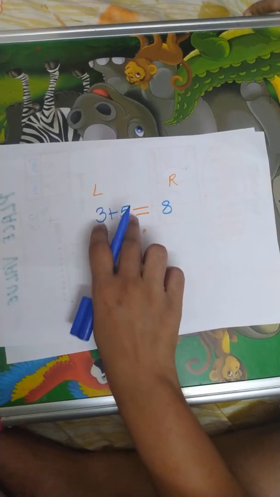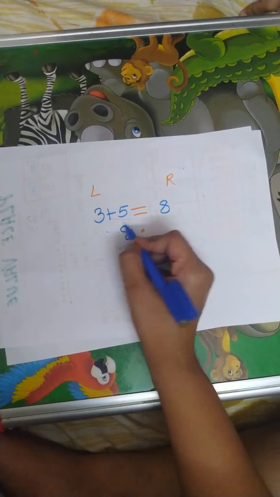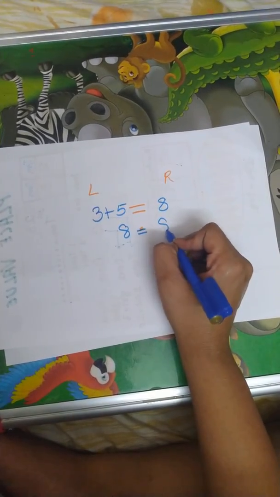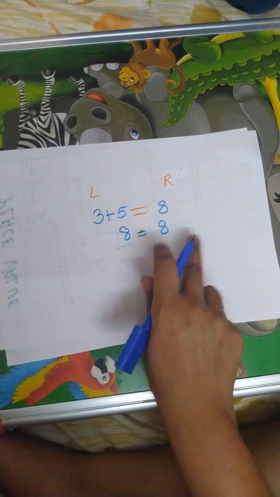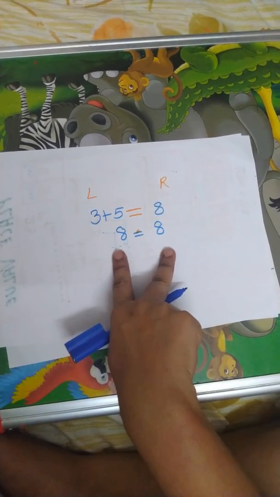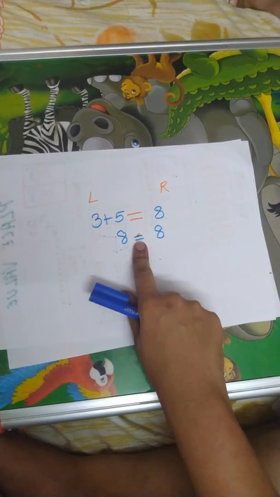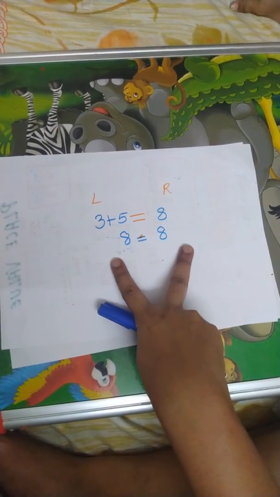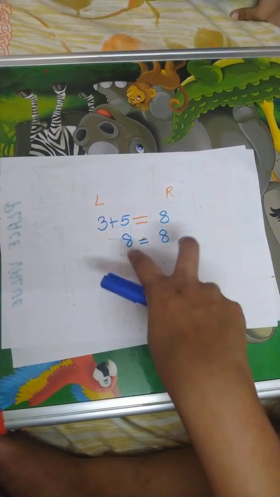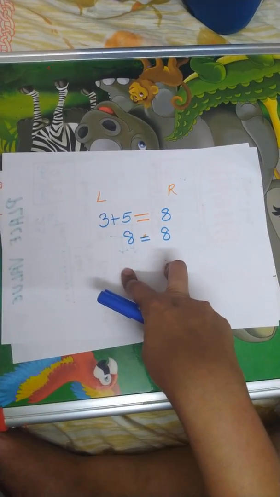So it is 3 plus 5, here it is 8 only. So see, left hand side and right hand side both are equal. Whenever we have an equals to sign in between, it means left hand side and right hand side are equal.